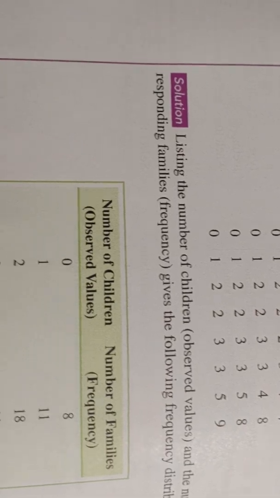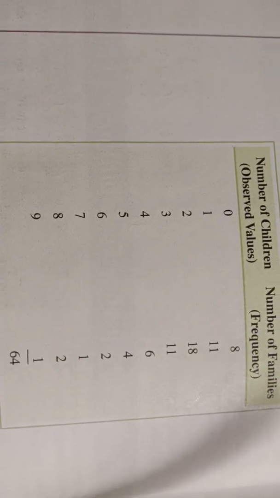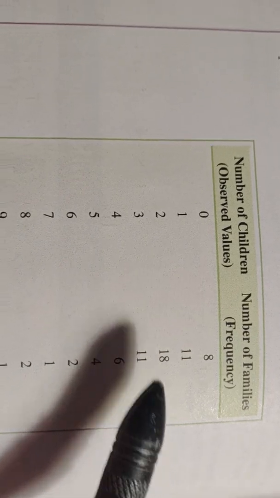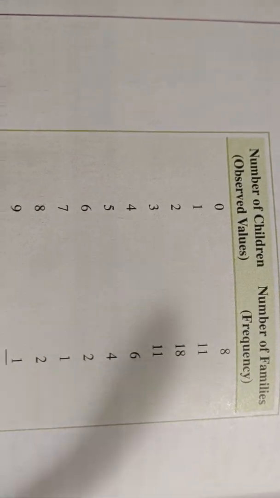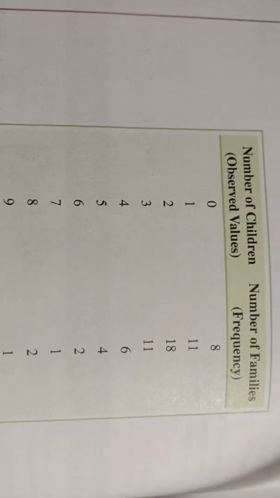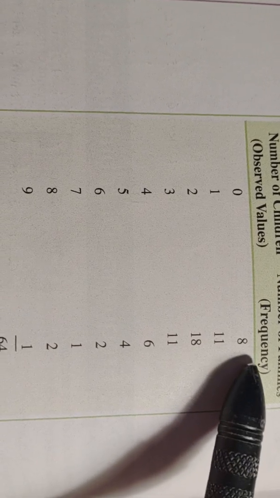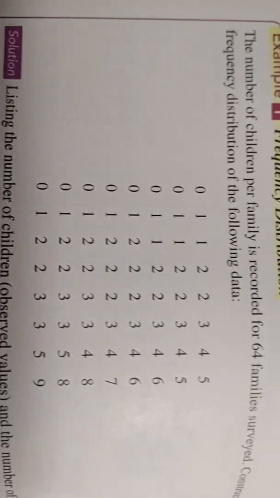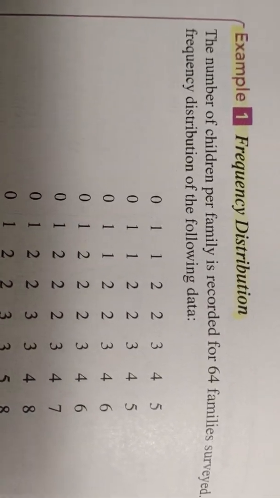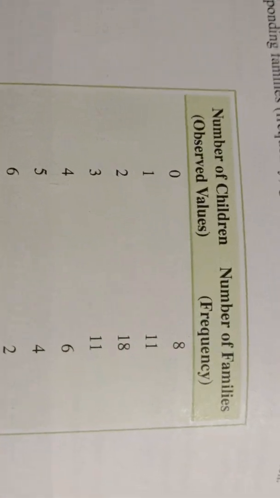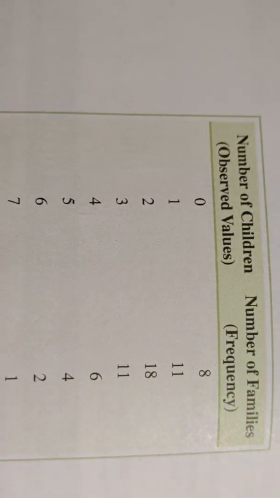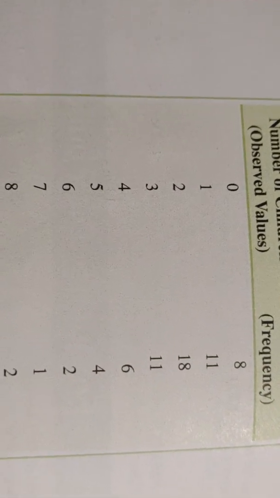And basically we're going to make a chart so we can see 0 occurs 8 times, 1 occurs 11, 2, 18, 3, 11, so on and so forth. And the frequencies, if we add them up, would be 64, which was the amount of families that were surveyed. So that's what a frequency distribution is. It's counting how many times a particular value occurs in a set of data.